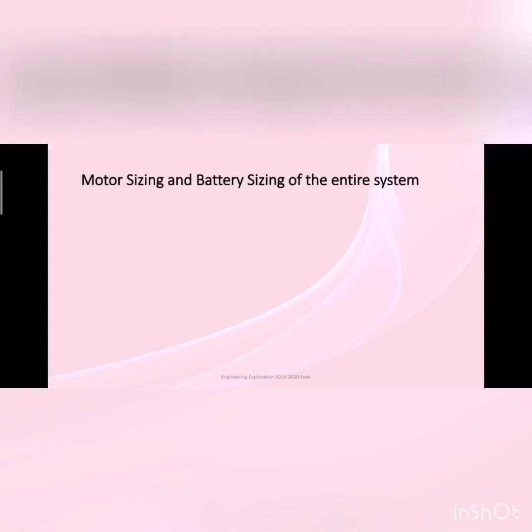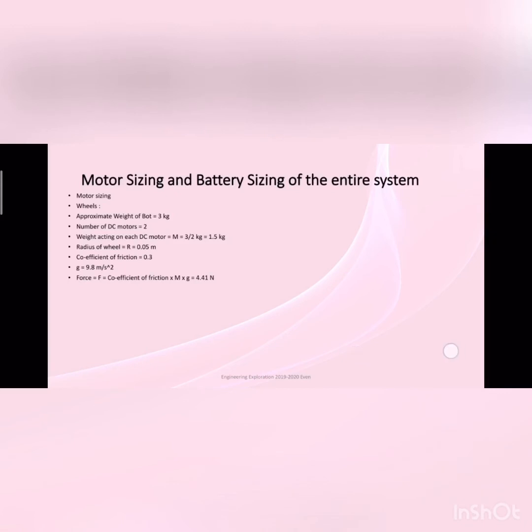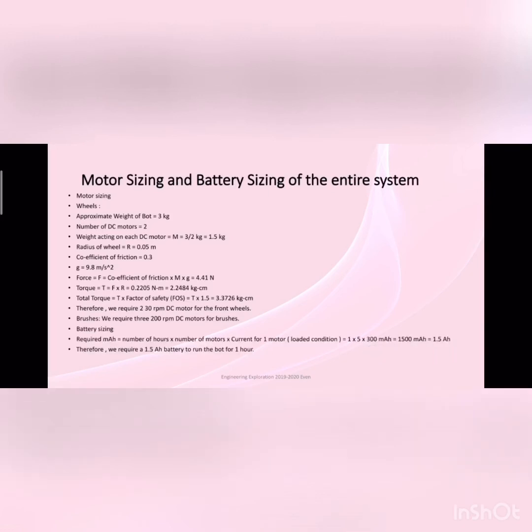Next we have motor sizing and battery sizing. After doing all the calculations, we got 2 30 rpm motors for wheels and 3 120 rpm motors for brushes. We also got 1.5 ampere hour battery to the board for running 1 hour.